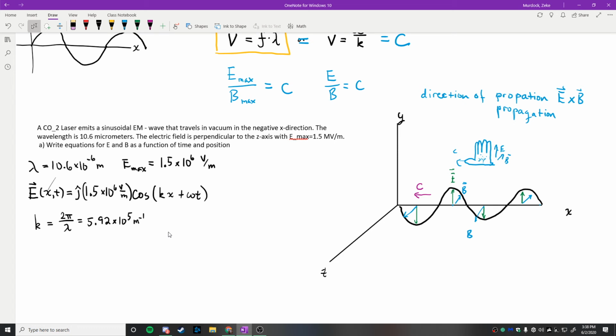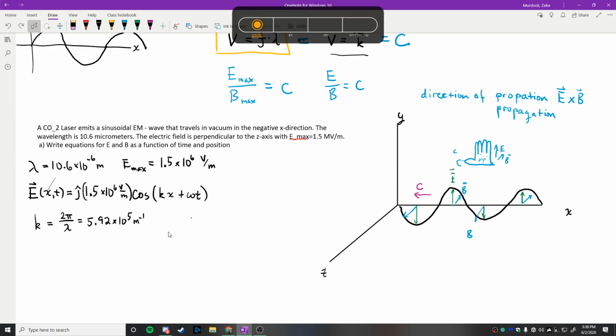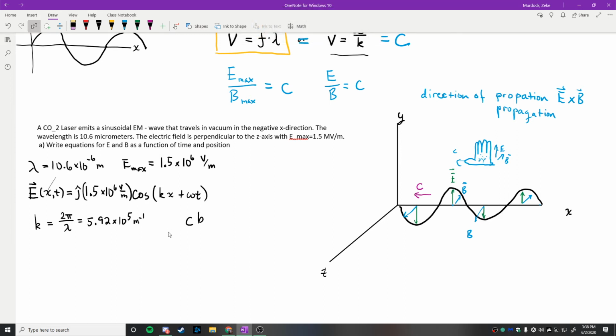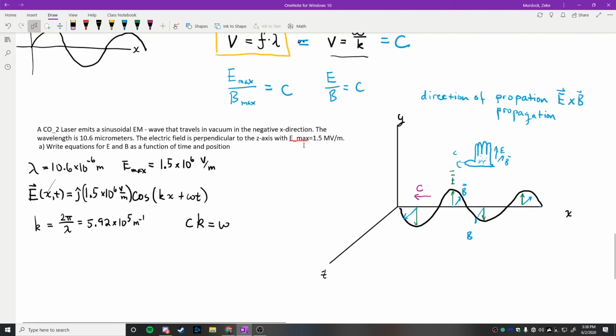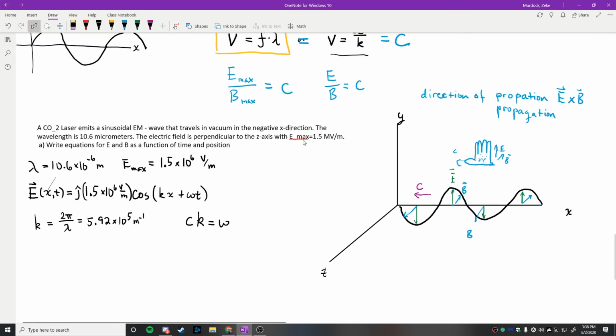We also need to know what omega is. For that, we use this relationship here, which says that the velocity of the wave, which is c, if I take that and I multiply by k, that gives me omega. So if we take the speed of light, which is 3 times 10 to the 8, and we multiply by k, that should give us omega.